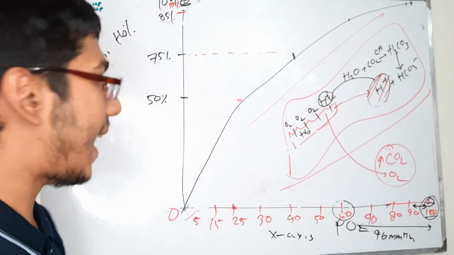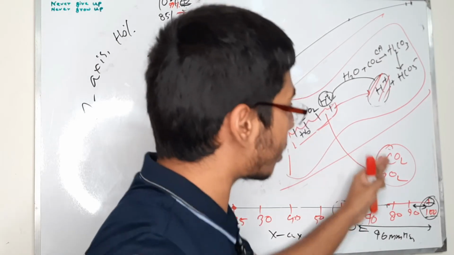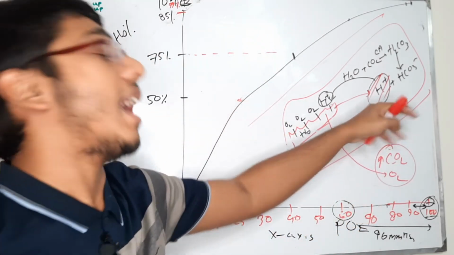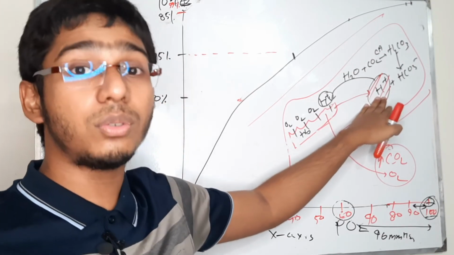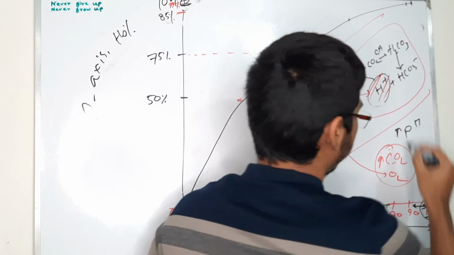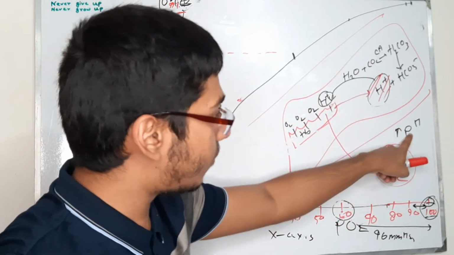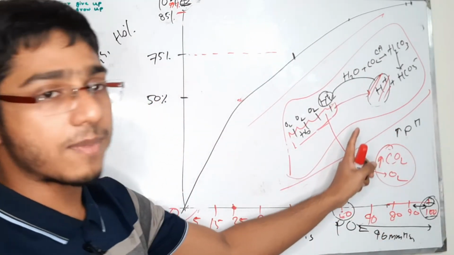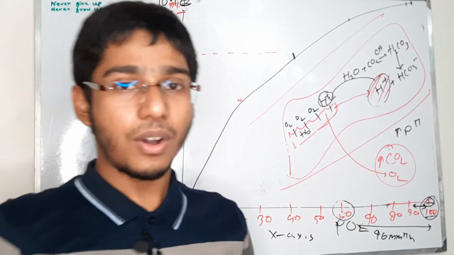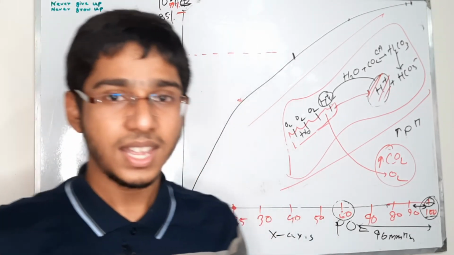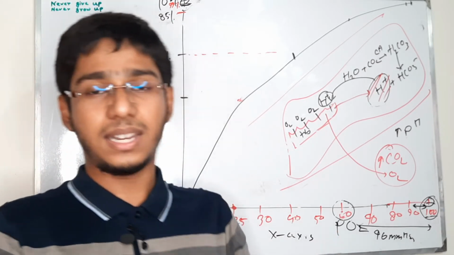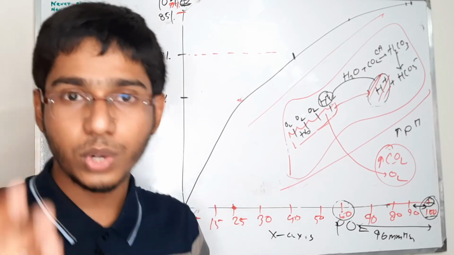That means when there is increased production of CO2 or increased production of H plus, and we know increased production of H plus leads to a decrease of the pH. So when there is increased production of H plus, decrease of the pH level, increase of carbon dioxide, and when your tissues undergo heavy exercise, at that time they also produce some acidic materials, for example pyruvic acid, lactic acid, or 2,3-DPG, which is an important component.